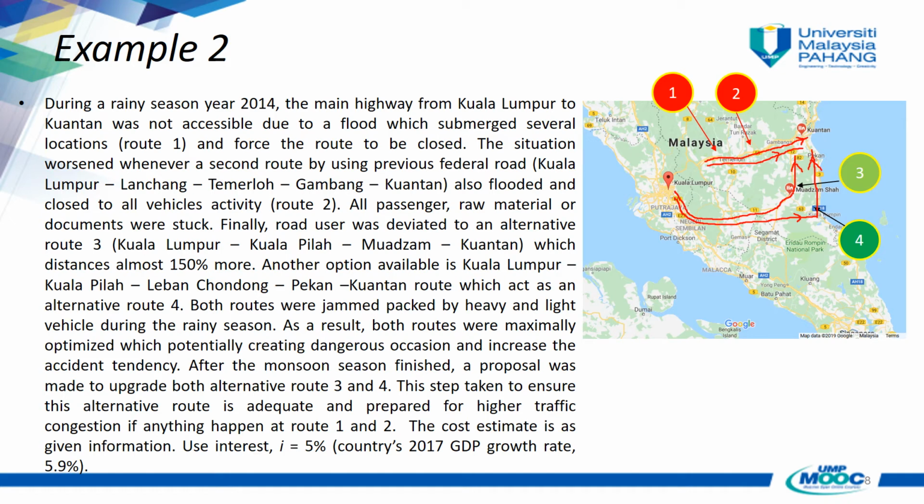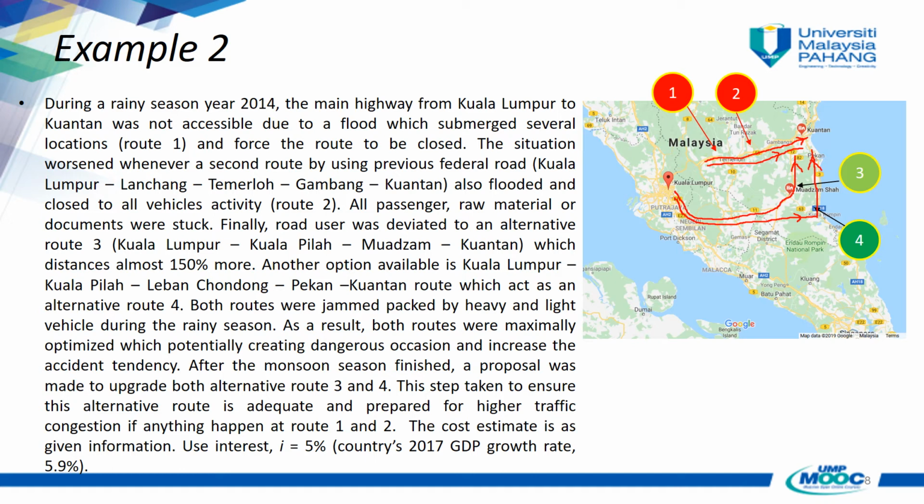Both routes were jam-packed by heavy and light vehicles during the rainy season. As a result, both routes were maximally optimized, potentially creating dangerous occasions and increasing the accident tendency.